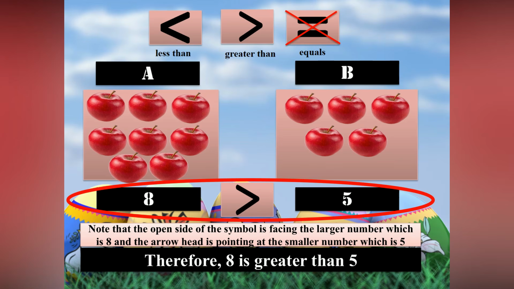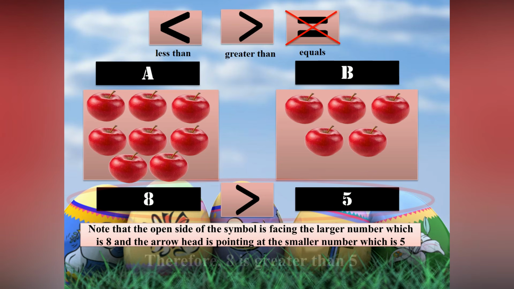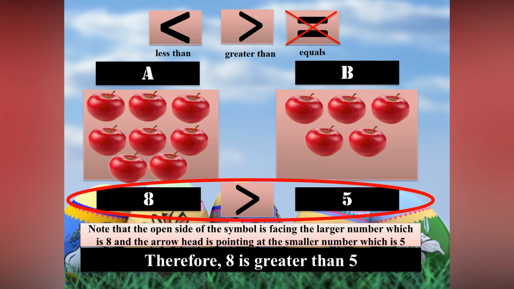Note that the open side of the symbol is facing the larger number. So, in this example, 8 is the larger number, and the arrowhead is pointing at the smaller number, which is 5. Therefore, we can read this as 8 is greater than 5.